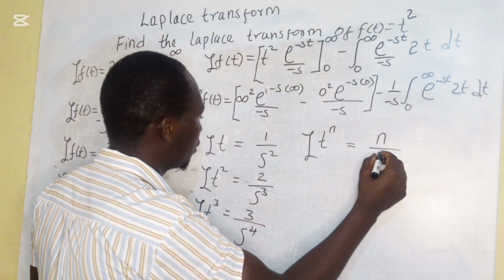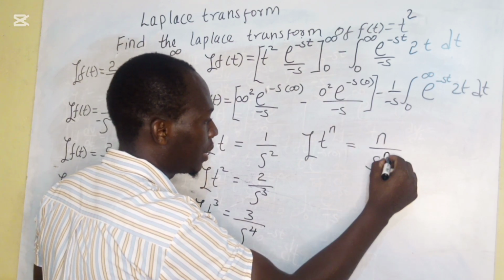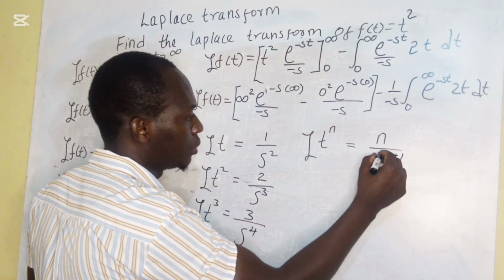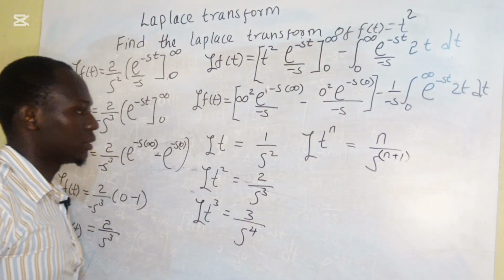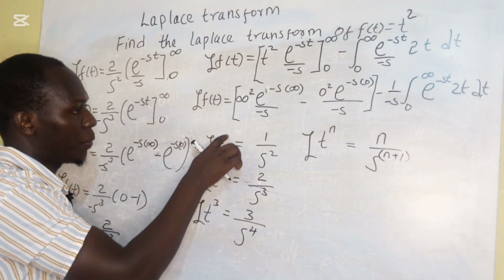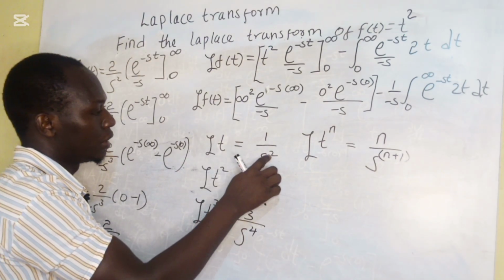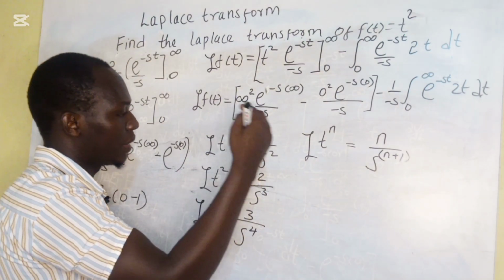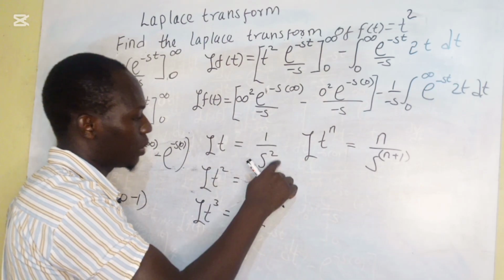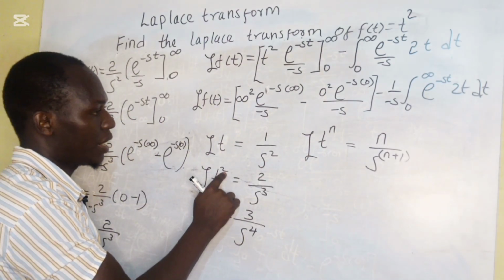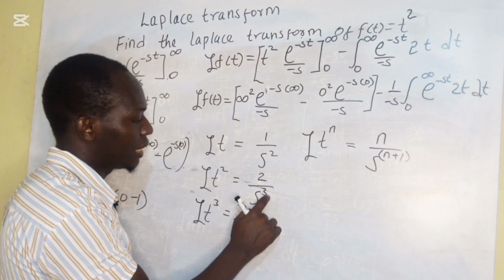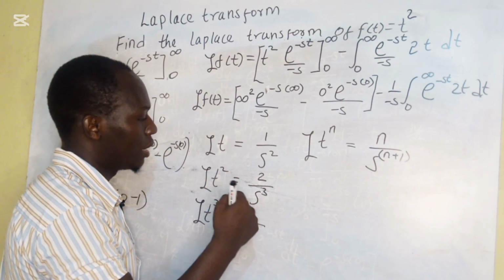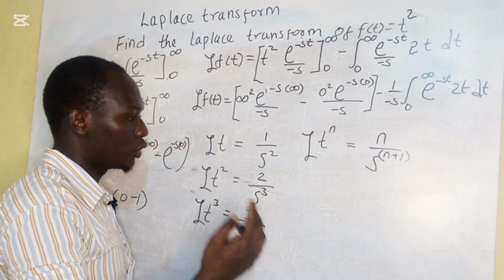And here we are going to have n, we come and add to 1. Because when you check here, we have a power of 1, and here we are having a power of 1 plus 1, which is equal to 2. Here we are having a power of 2, to mean that here we are going to have a power. That power we add to 1.